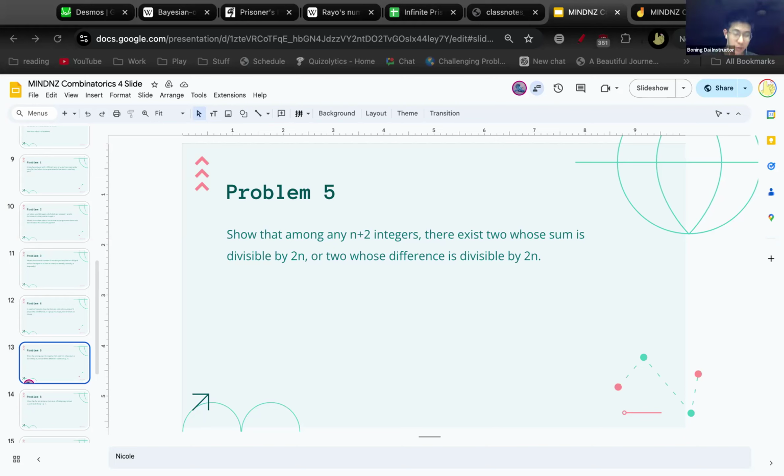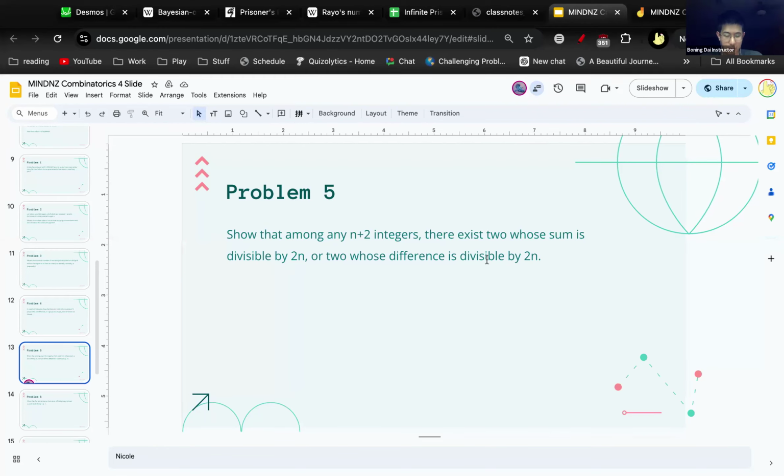So, show that for any n plus 2 integers, there exist 2 whose sum is divisible by 2n, or 2 whose difference is divisible by 2n. So in this case, firstly, the presence of divisibility by 2n shows that maybe we should take it mod 2n.